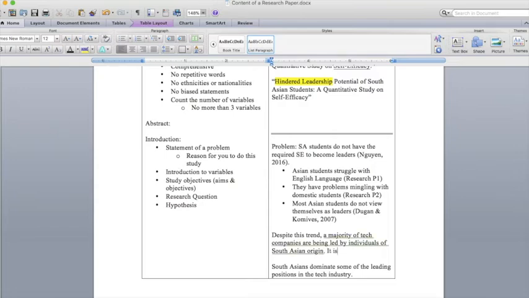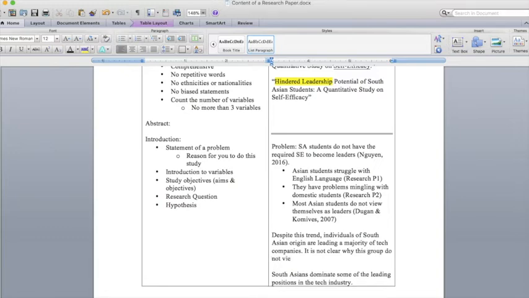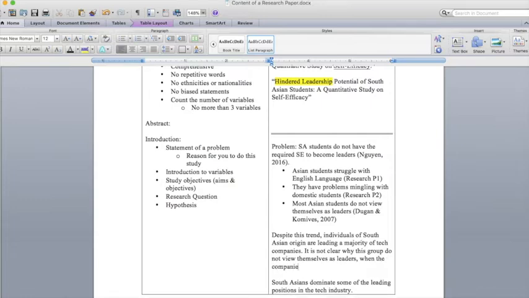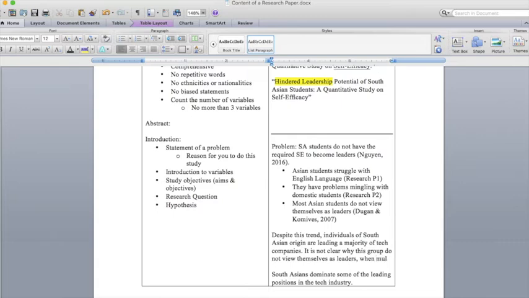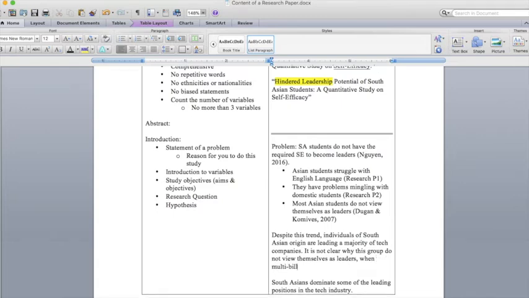It is not clear why this group does not view themselves as leaders when multi-billion-dollar companies are led by them.